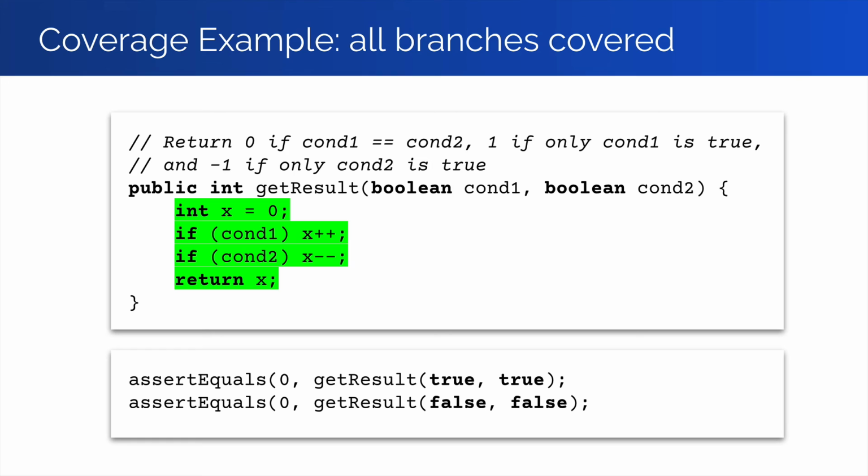In fact, I claim that I can change a single character in this code and still have both test cases pass and still have 100% coverage, and yet the code would not be correct. Please pause the video and see if you can figure out which character in this code you would change to get incorrect code without changing the test results.